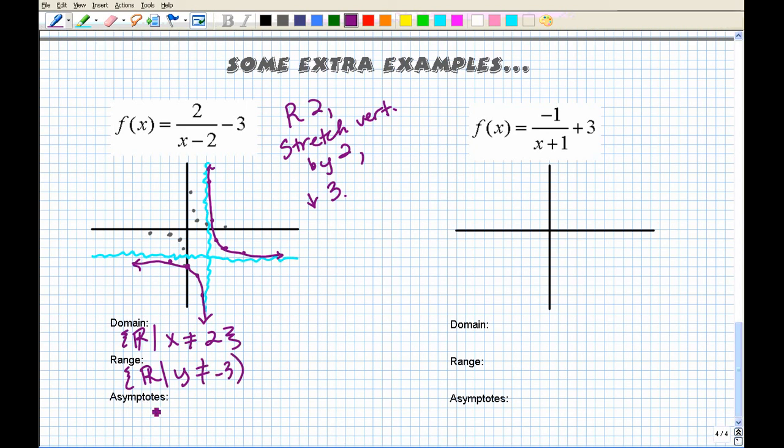The vertical asymptote is at x equals 2, and the horizontal asymptote is at y equals -3. So notice that the horizontal asymptote and the range have the same numbers. Vertical asymptote and the domain, same numbers as well.